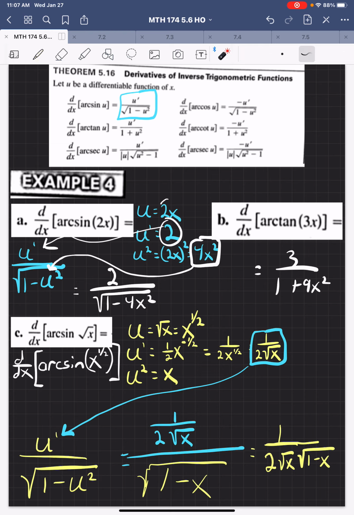And of course, if you have the square root of 3 times the square root of 4, that's just the square root of 12. Likewise, if you have the square root of x times the square root of 1 minus x, you can think about that as 1 over 2 square roots of x minus x squared. Right? So you're taking this x and distributing it into that radical so that you only have one radical.